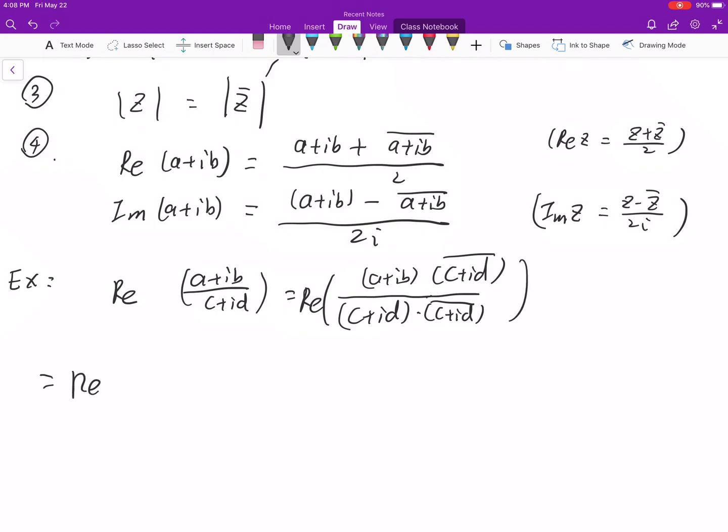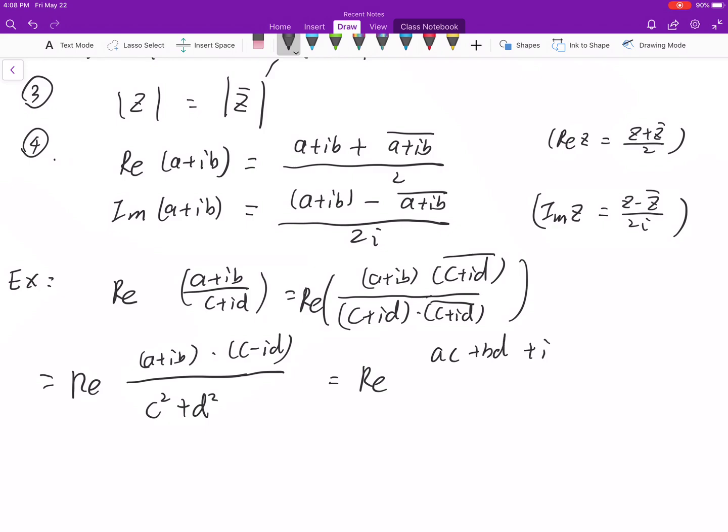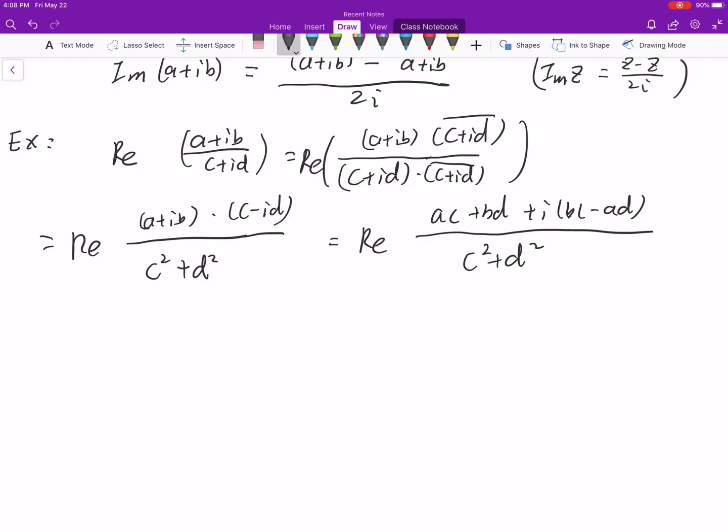Then the denominator will be a real number, c squared plus d squared. In the numerator you have (a plus ib) times (c minus id). This is the real part ac plus bd plus i(bc minus ad), divided by c squared plus d squared. Then it's clear the real part is (ac plus bd) divided by (c squared plus d squared).